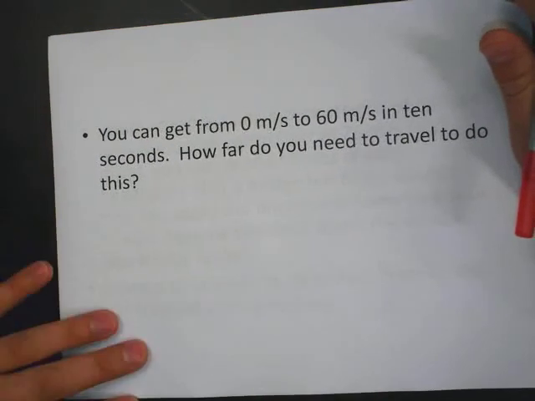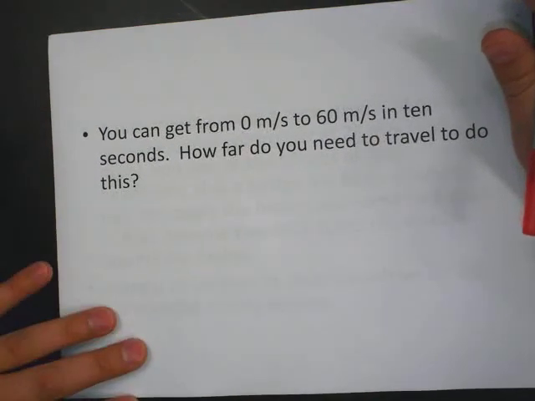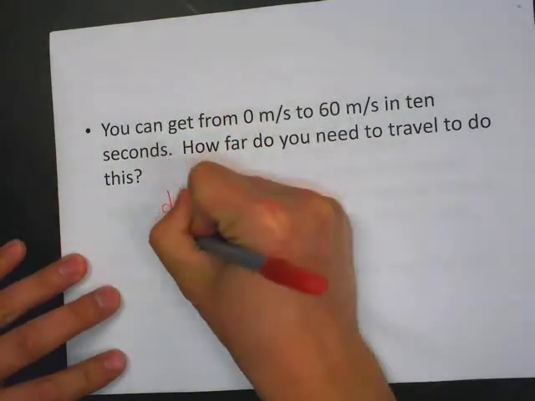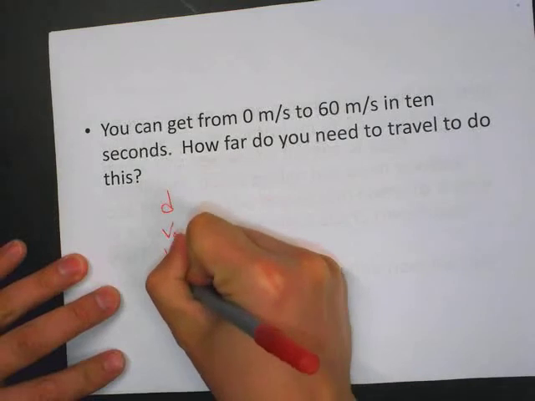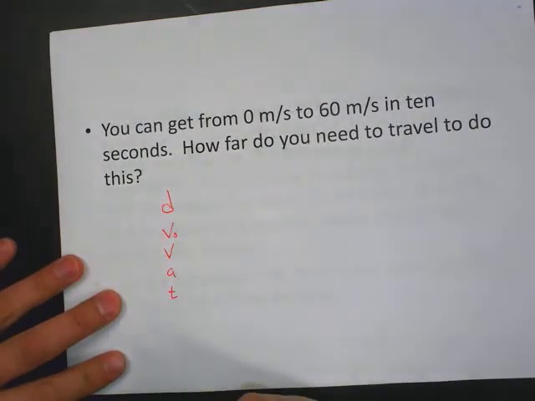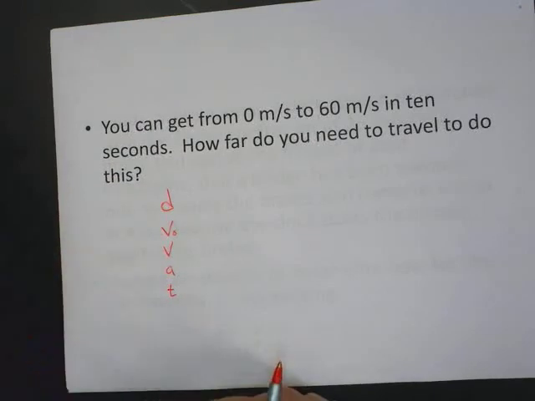Go ahead and pause this video right now and list out your 5 variables. It's d, v naught, v, a, t. Doesn't matter the order. That's not how they showed up in the PowerPoint, but that's okay. It doesn't matter what order they come in.